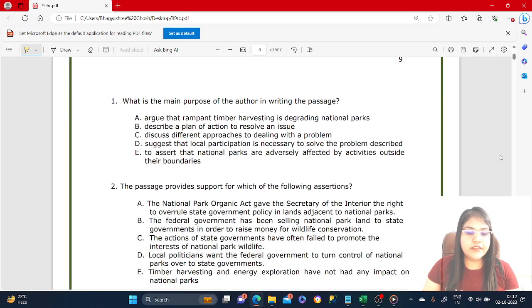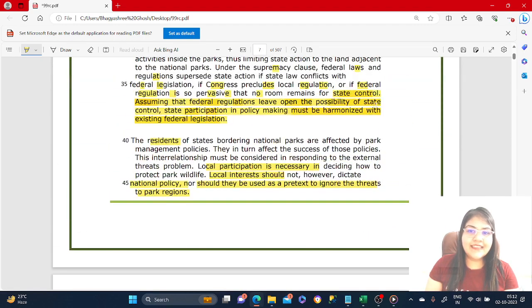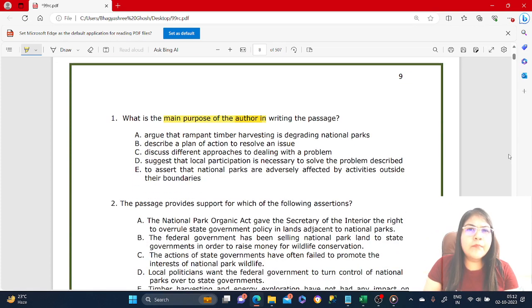Now comes the question. The very first asks what the main purpose of the author is in writing the passage. See the word author, it means our answer is going to be exactly what the author wants to say, not what is going on.